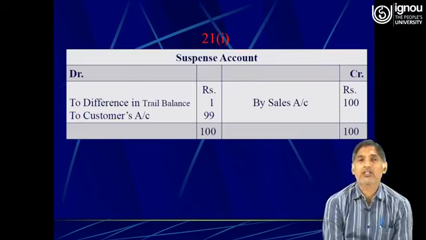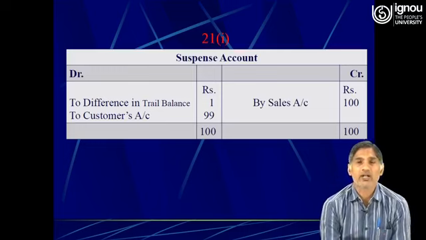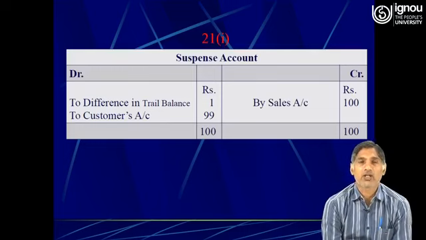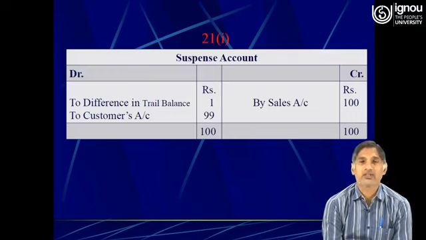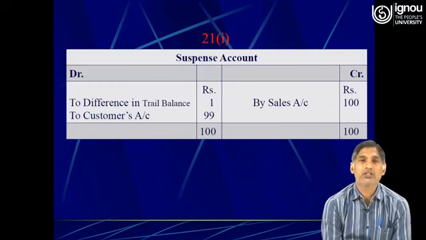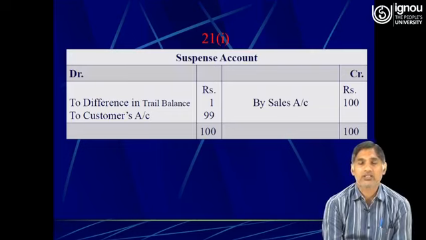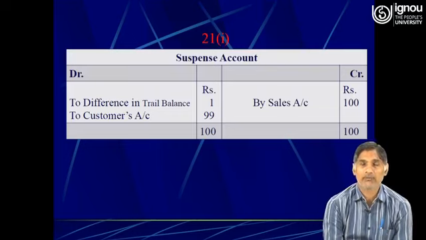So we cannot wait any longer in case the total of the debit side of the trial balance does not tally with the total of the credit side of the trial balance. So the simple formula is that we can temporarily make the trial balance tallied by simply transferring the difference of the trial balance to the suspense account, and this is how the suspense account is opened temporarily.